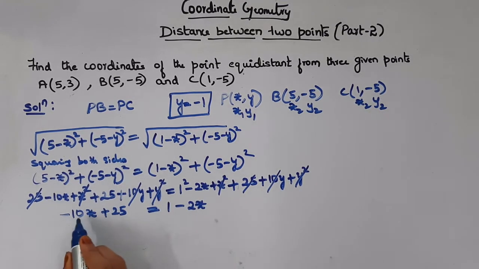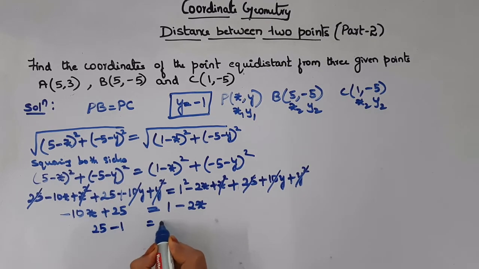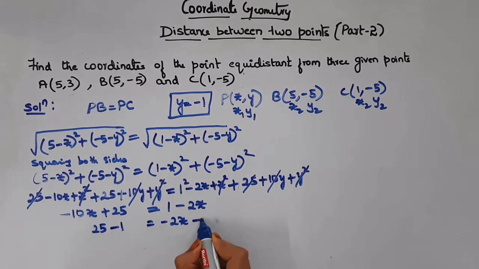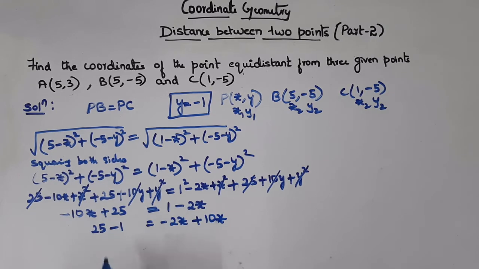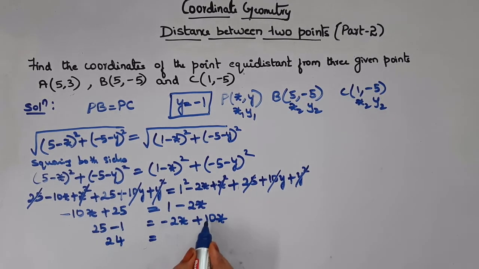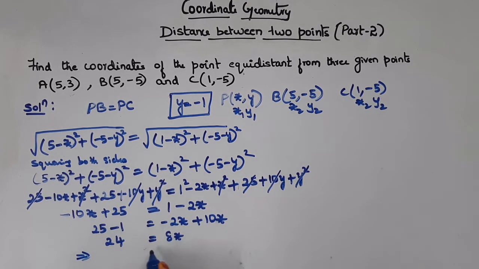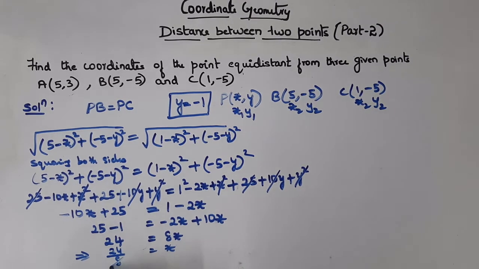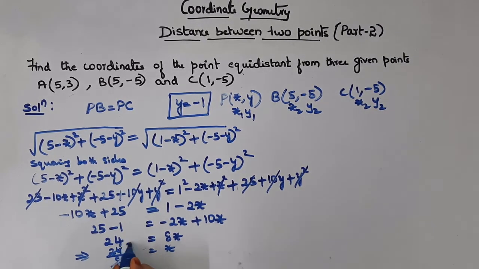So let's bring this x term together. We have 25 minus 1 is equal to minus 2x plus 10x, right? So here 24, which is equal to minus 2x plus 10x will give you plus 8x, which implies x is 24 by 8. So 8 ones are 8, 8 threes are 24.